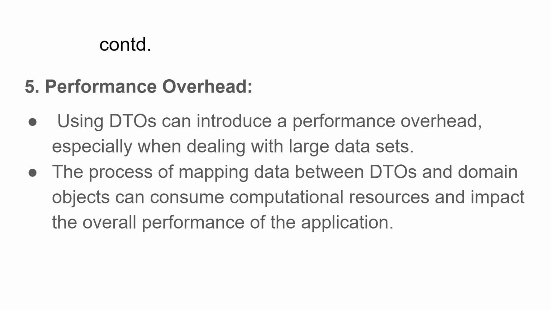This takes a considerable amount of CPU time or computational time. Because of this fifth reason, DTO is not being considered as the best choice, so we need to replace it.